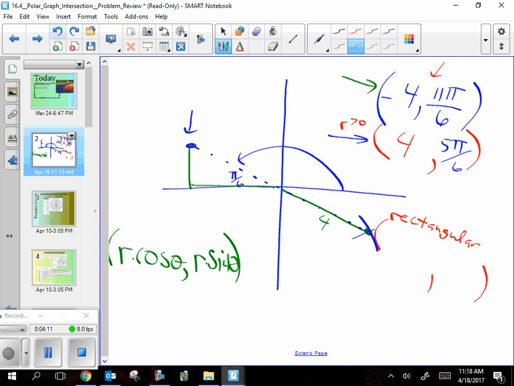All right, so now let's just use, if this is 30, I know all of the angles and all the sides, except the sides normally would be 1, 2, root 3. Why is it not that this time? Yes, sir? Because the length of the what is 4? Yes, the hypotenuse, also known as the what in polar?